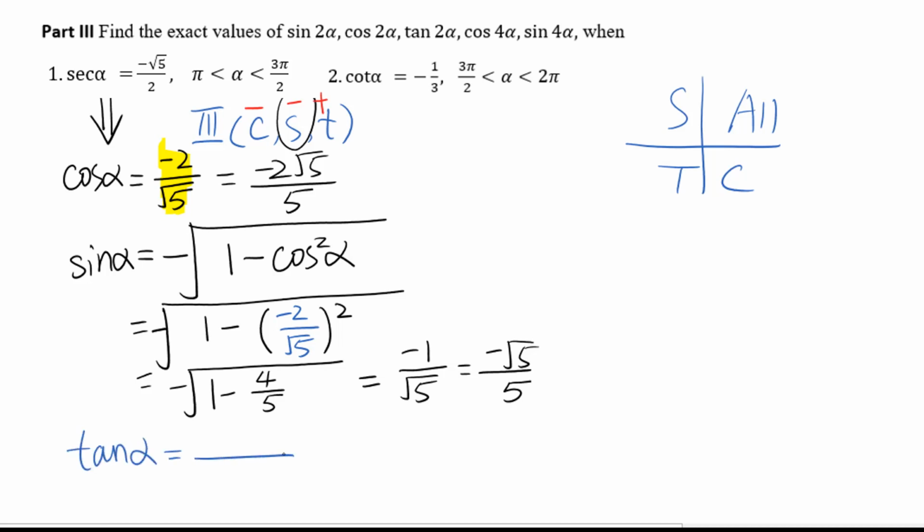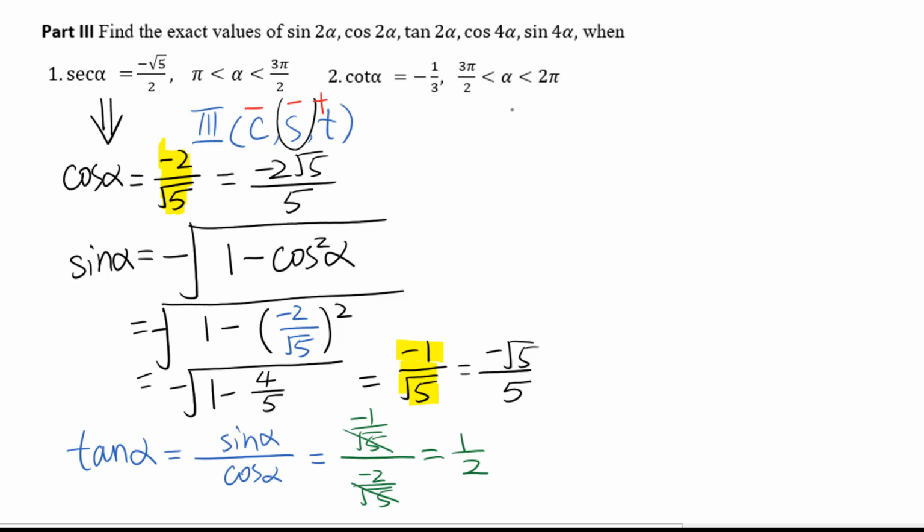That equals sine alpha over cosine alpha. I will plug in this one and this one, negative 1 over square root of 5, negative 2 over square root of 5. Square root of 5 as denominator for this complex fraction reduces. You will get 1 over 2.